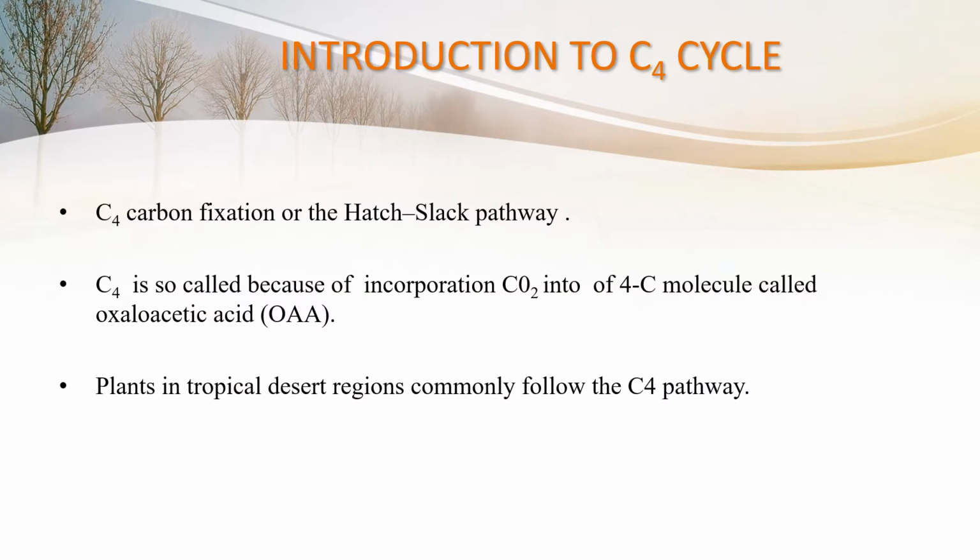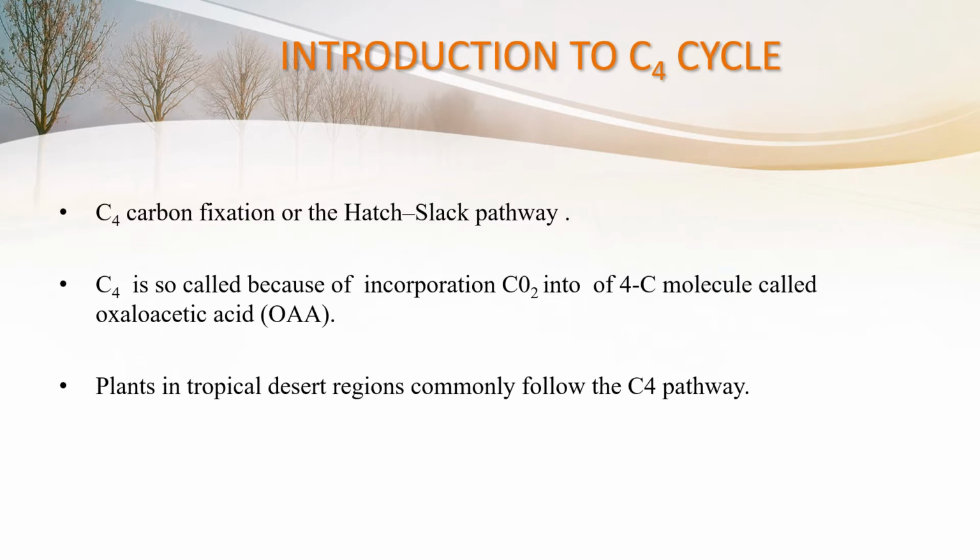C4 pathway. It got the name C4 cycle because the primary product of this C4 pathway is oxaloacetic acid. If we see in the C3 cycle, the primary compound is phosphoenol pyruvate, and here the primary compound is oxaloacetic acid.